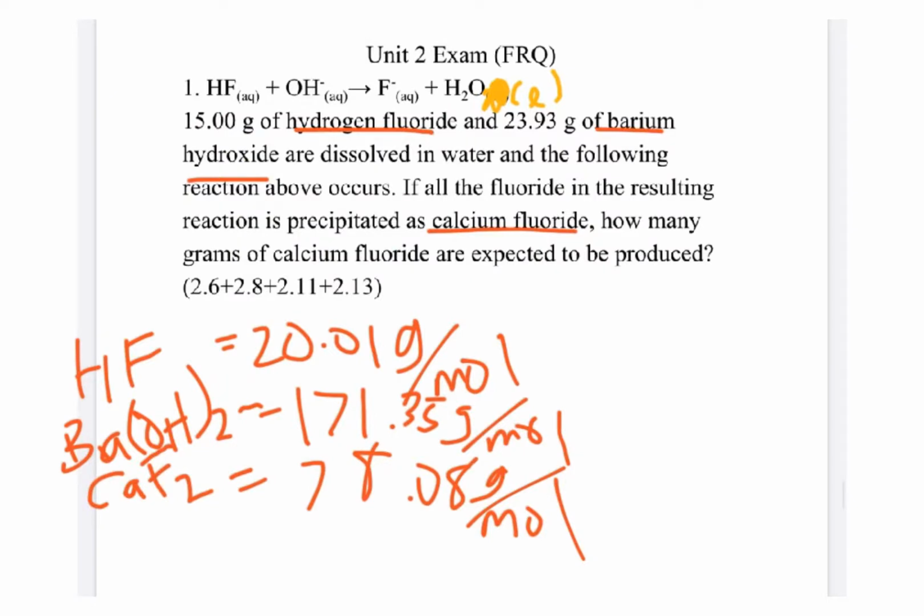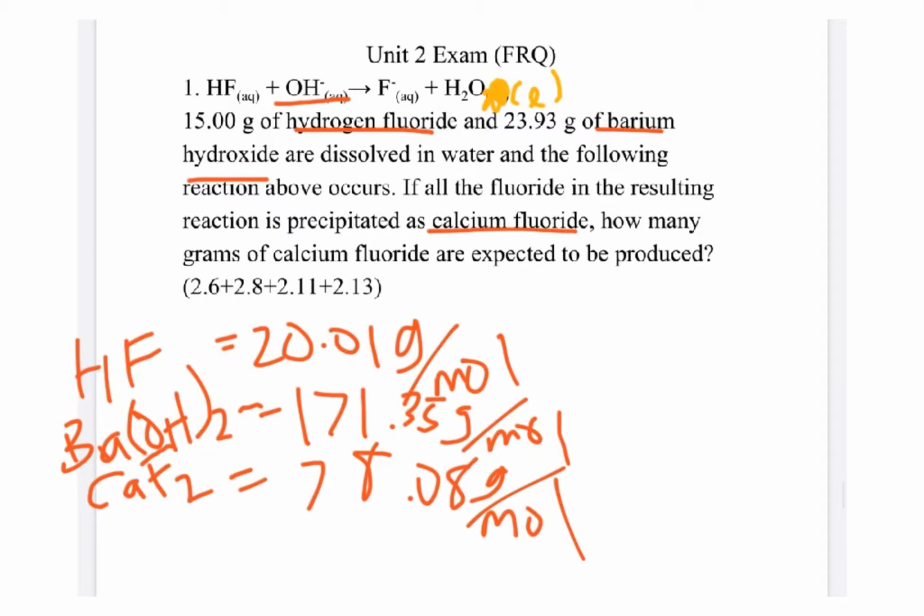And now let's think about what the problem is asking for. It's saying that the hydrogen fluoride and barium hydroxide will react. So this is a net ionic reaction between hydrogen fluoride in the aqueous form, also known as hydrofluoric acid, and OH-, which comes from Ba(OH)2 dissociating into one Ba2+ and two OH-.